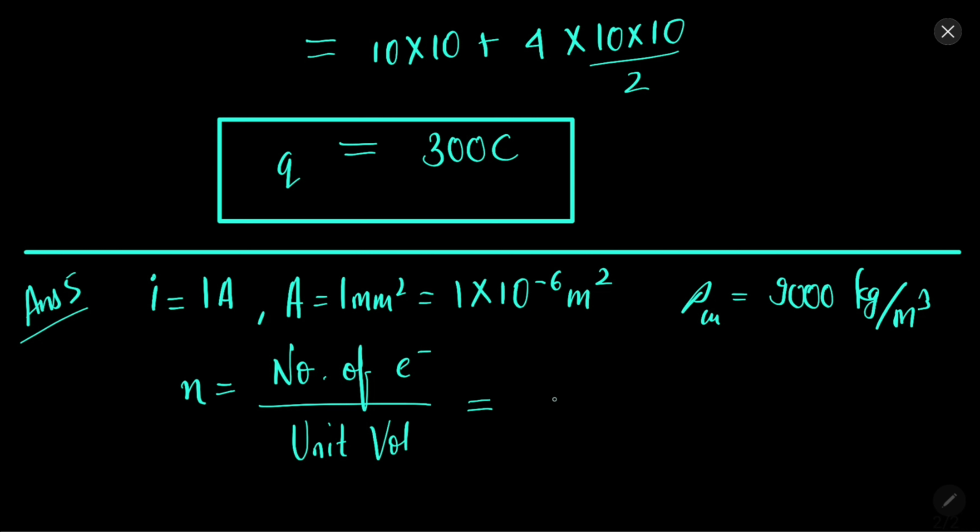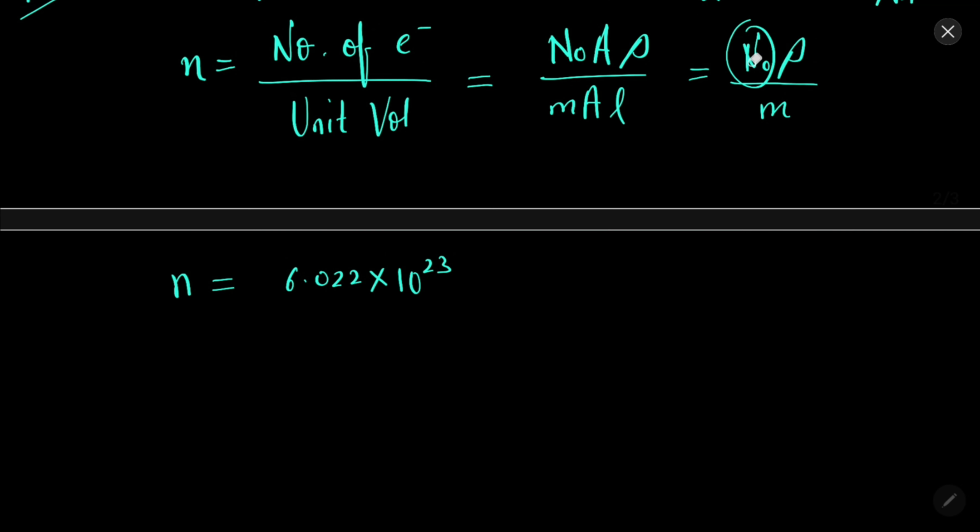So number of electrons will be equal to n naught into area into density over mass into length. So this will give us n equal to n naught into density over mass. So from this, n will be equal to 6.022 into 10 to the power 23, the Avogadro number.